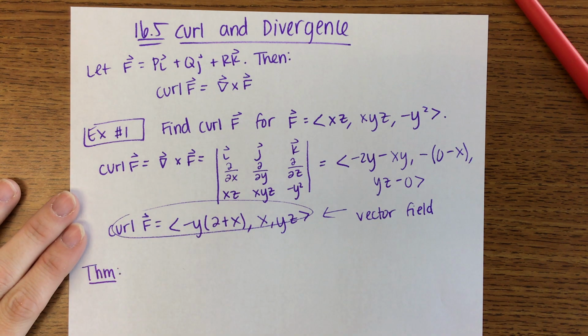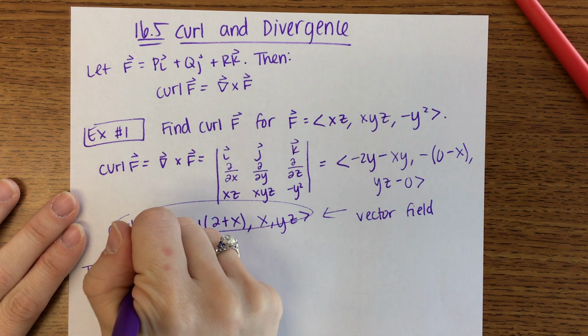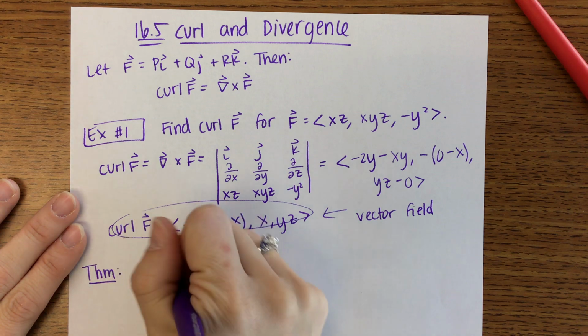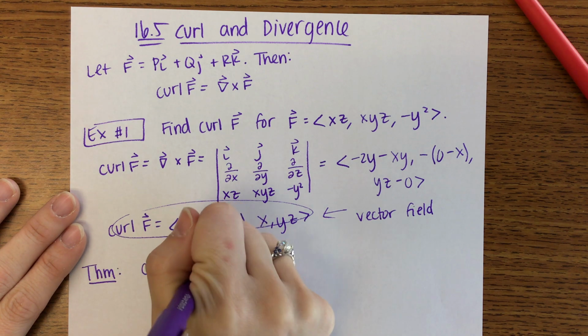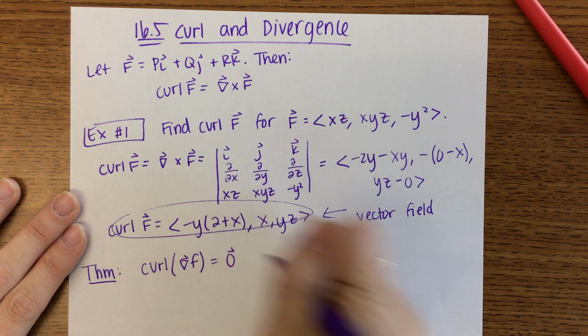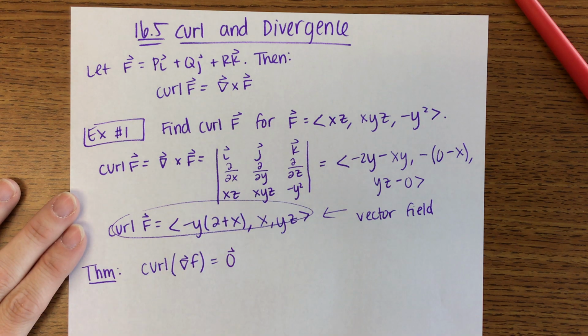A theorem related to this: if you take the curl of the gradient of little f, you are going to get the 0 function, or the 0 vector, rather.